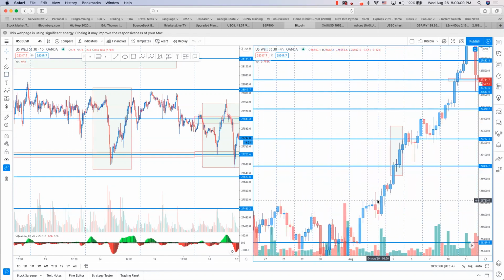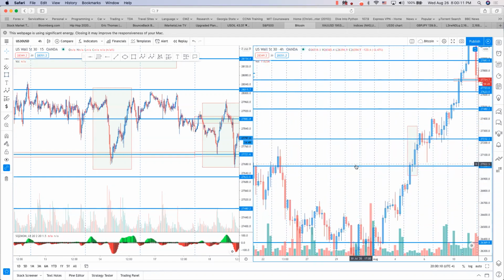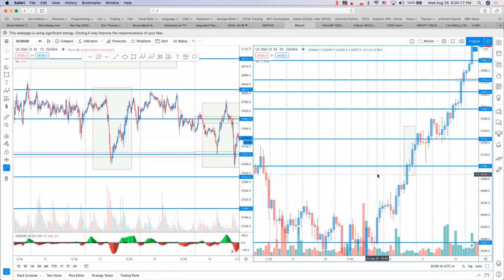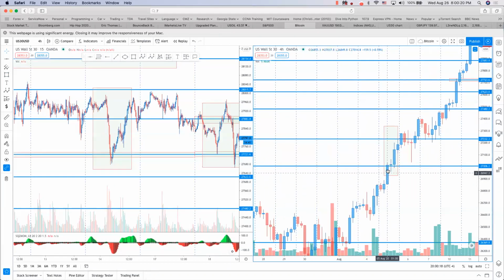We already know 2700 is a natural zone in itself, right? So London told us it wants to buy, right? The following candle says there's indecision, right? But this candle opens up, pushes down to reject.